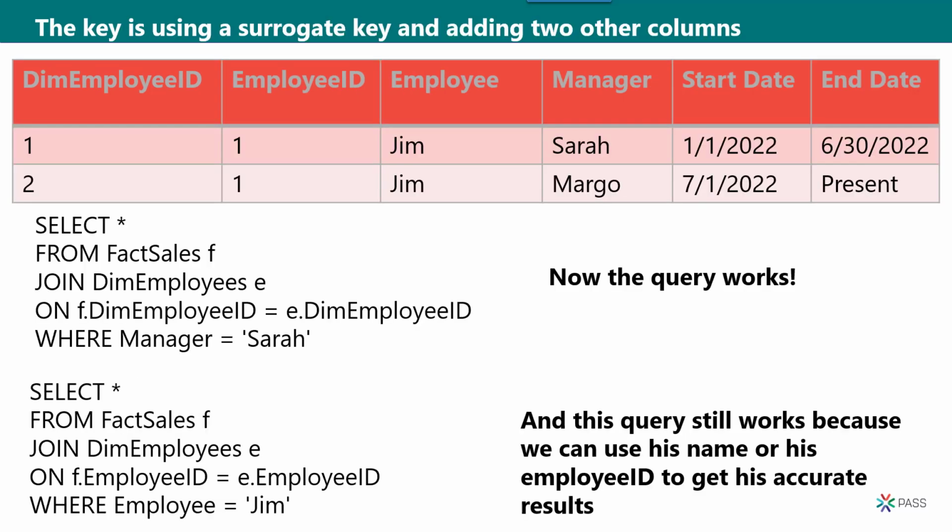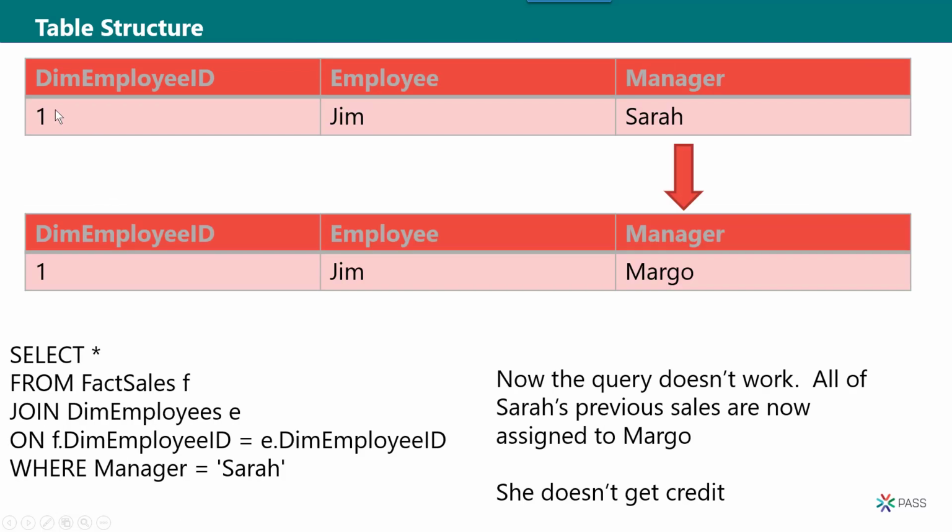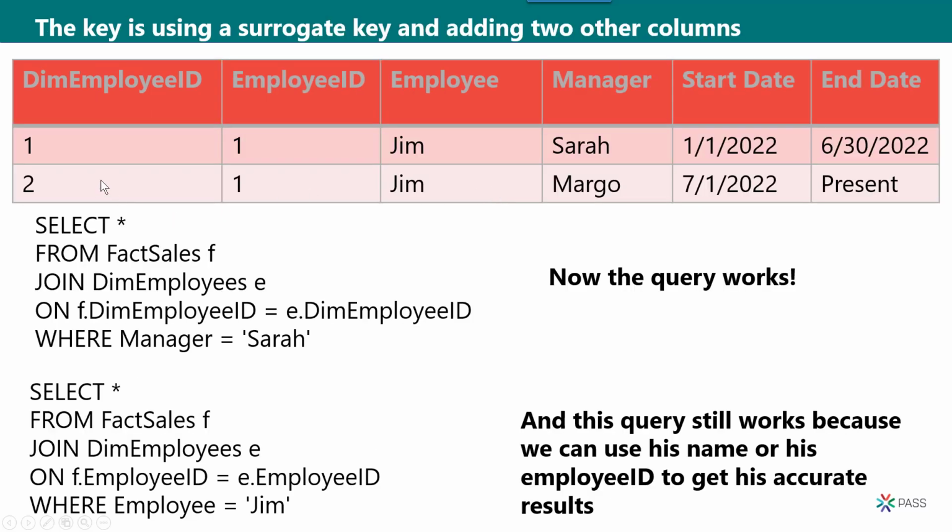So the trick is to use a slowly changing dimension. There's a lot of talk about whether you want to use type 1 or type 2 or whatever, but I don't really want to get in the weeds of that. I just want to show you the solution. Before, with Jim, we had employee ID 1 is Jim, one record. What we're suggesting now is to add a surrogate key.